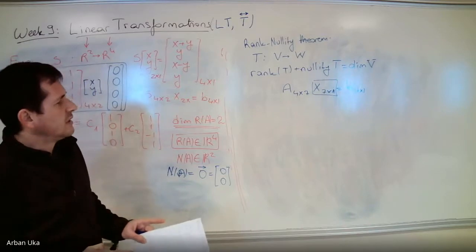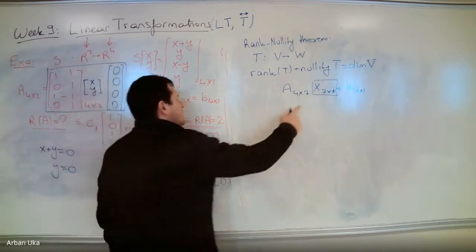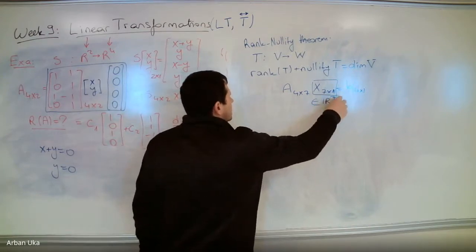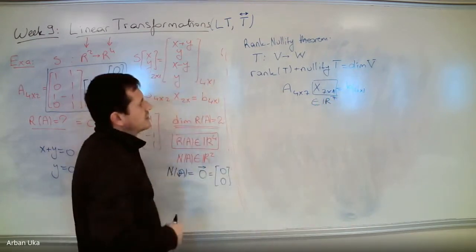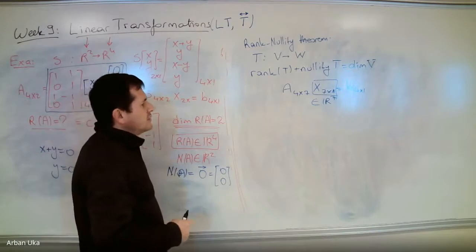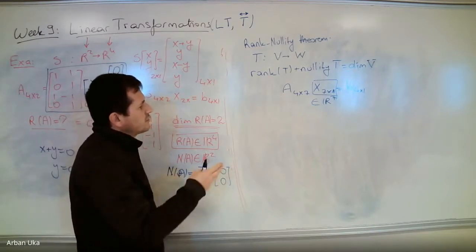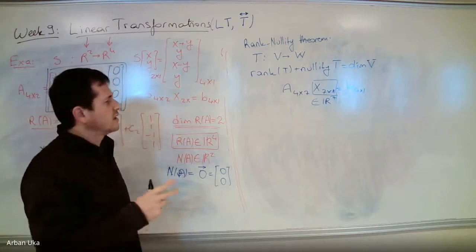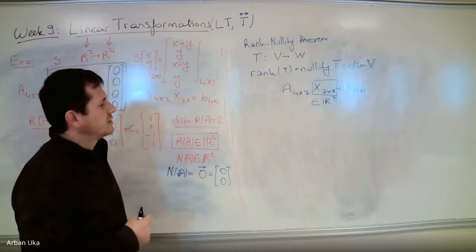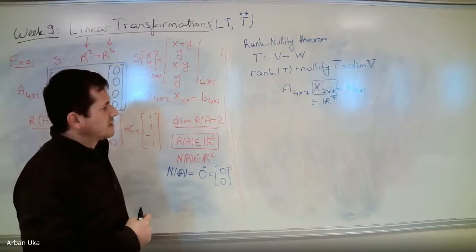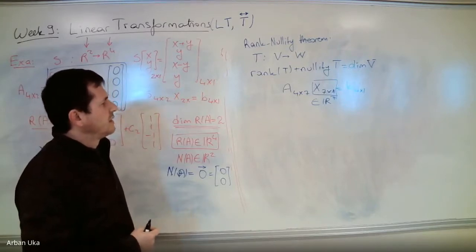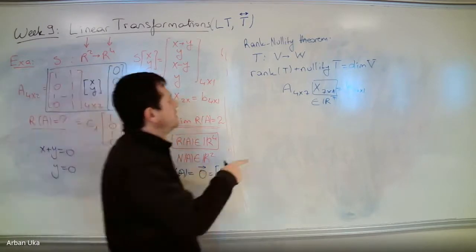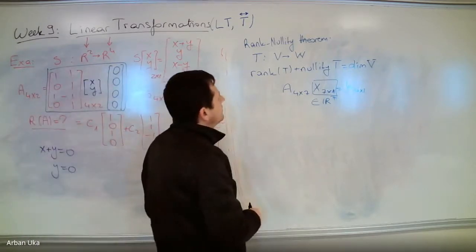For the moment, the vectors here belong to R7 for sure, because you need 7 numbers to represent them. But probably the null space of this equation could be represented by only 2 vectors. Then that makes the dimension of the null space 2, and this would be 2 plus the rank of A. We'll get the dimension of V.